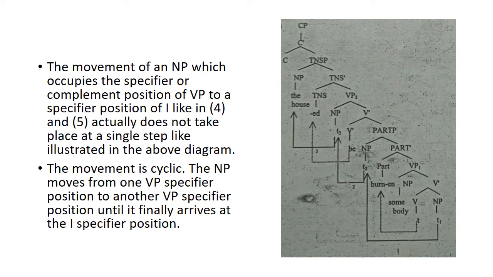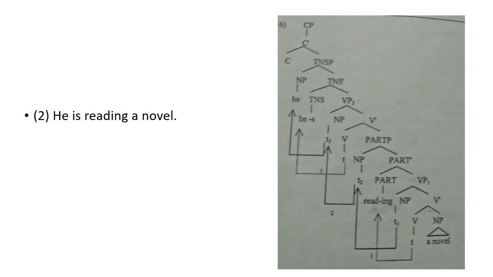The NP moves from one VP specifier position to another VP specifier position until it finally arrives at the I specifier position. For example, pada kalimat nomor 2, he is reading a novel. Gambar di samping adalah sebuah gambaran diagram dari kalimat he is reading a novel.